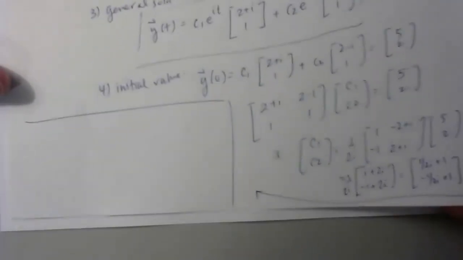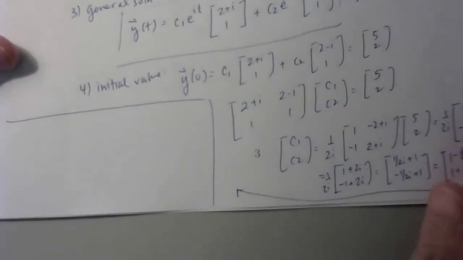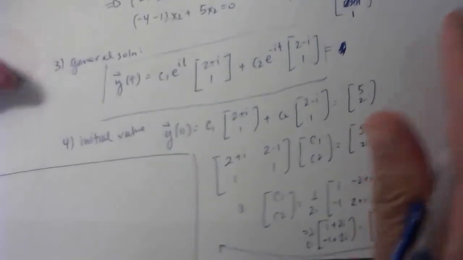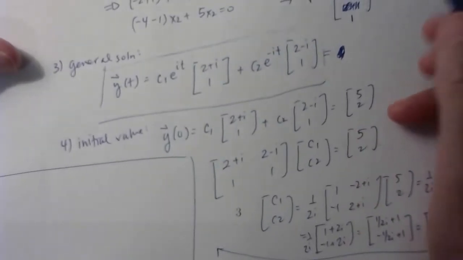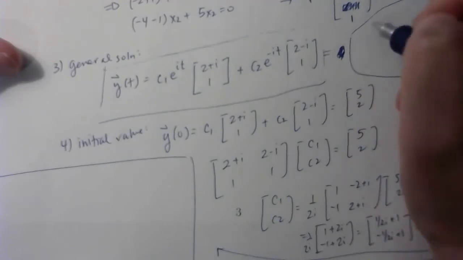And that should be my solution here. So C1, oh, maybe over here we'll say, what's the real and the imaginary parts, right? So make a little box.